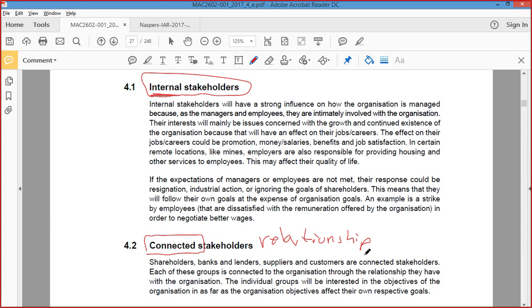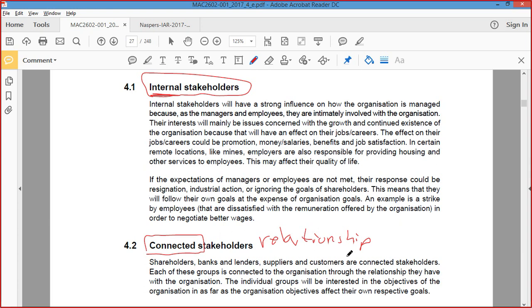Could it be perhaps your creditors? Maybe your creditors, subsidiary companies. Almost. Connected would be like the suppliers, the people that are connected to the business.